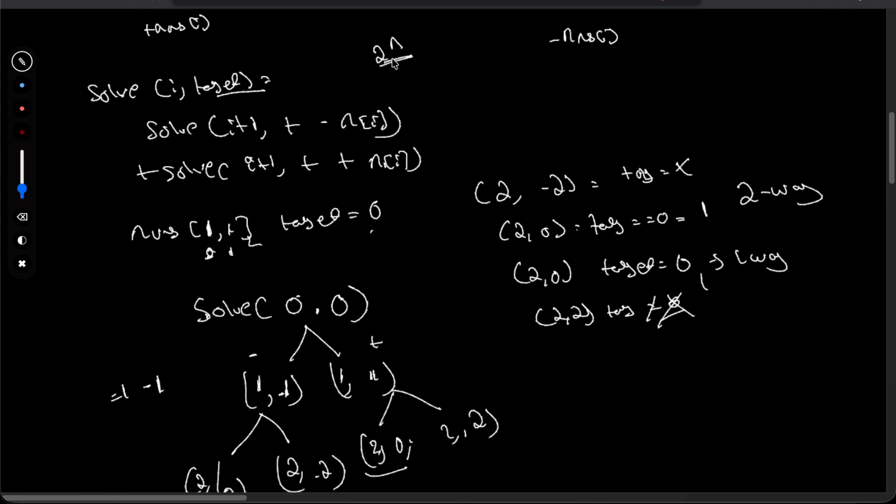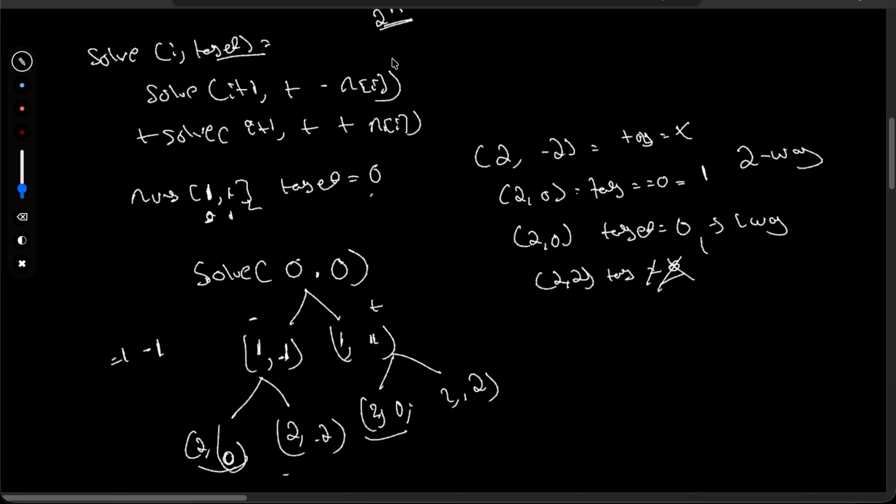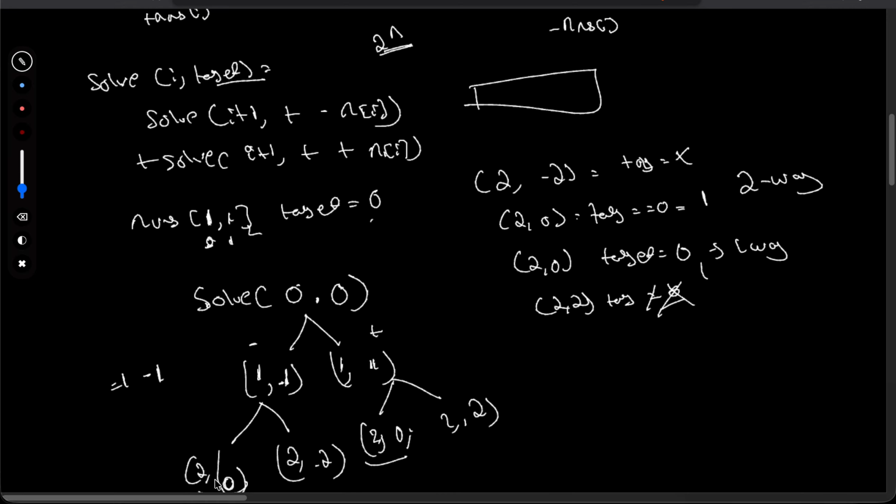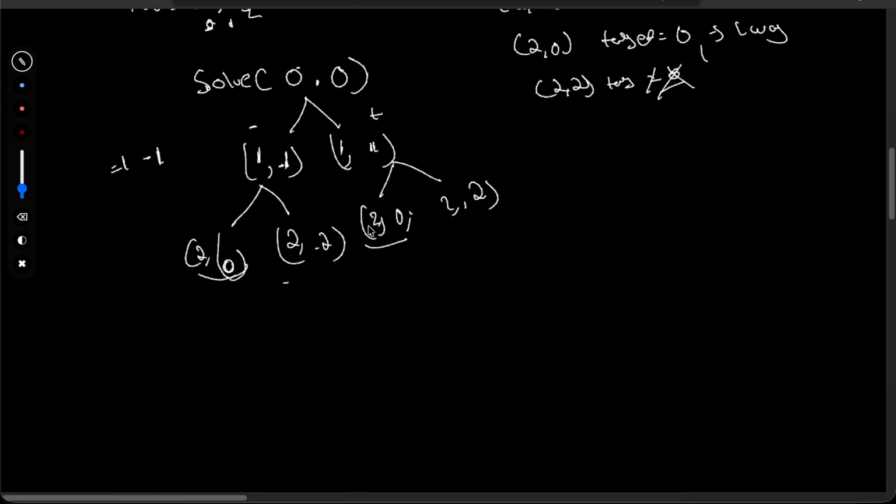So we use a memo. What will memo do? In memo we store the answer. If we solve it once, we store the answer, so in future we don't compute this again, we just use the stored answer. Let's see how memo looks now: 1 comma 1, if we solve once it becomes 1, then 1 comma 0, then 1 comma 1 is 1, and 0 comma 0 is 2.